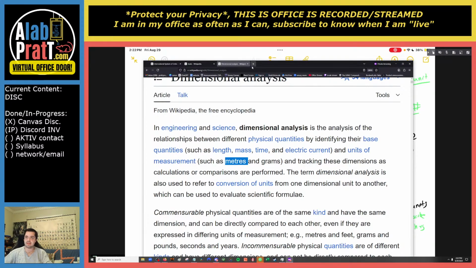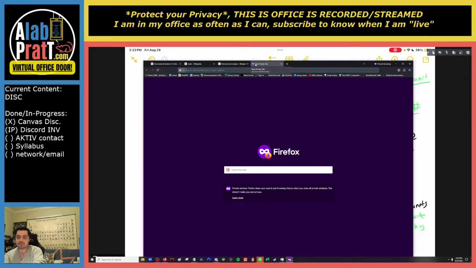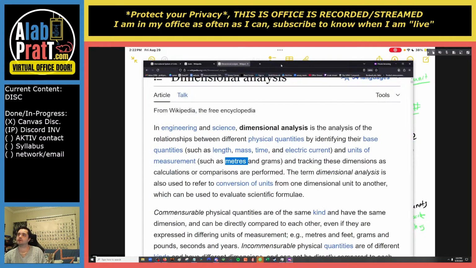So the question I have to ask myself is, and maybe even before I do this, can I ask the student here, how many inches are in a foot? How many inches are in a foot? I'm making the assumption that who I'm talking with is more comfortable with the American measurement.